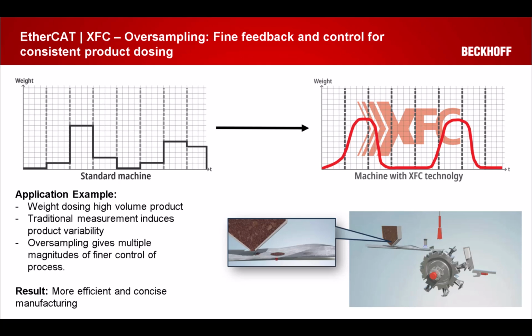So oversampling stabilizes this uncertainty and can be paired with other EtherCAT capable DC devices such as our servo motors and drives, which would help achieve a perfect amount of product for each and every cycle.